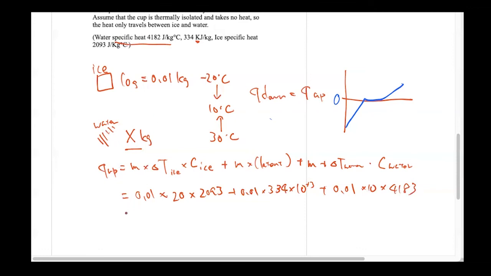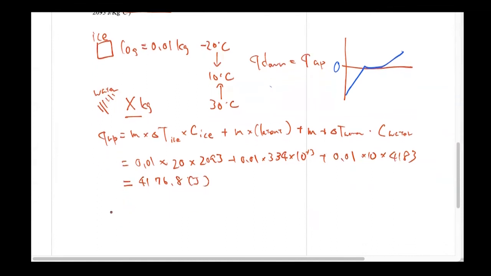And you may need to use the calculator, but if you calculate this up, you're going to get 4176.8 joule.